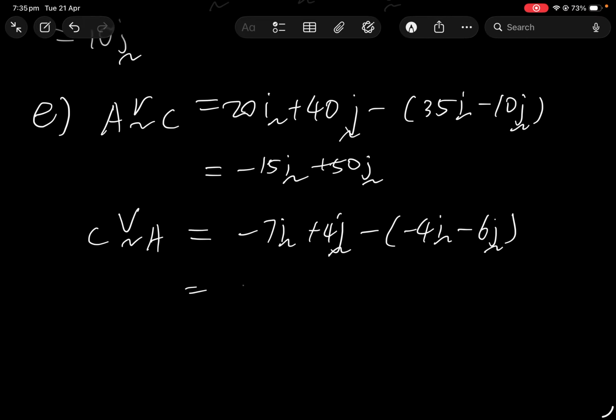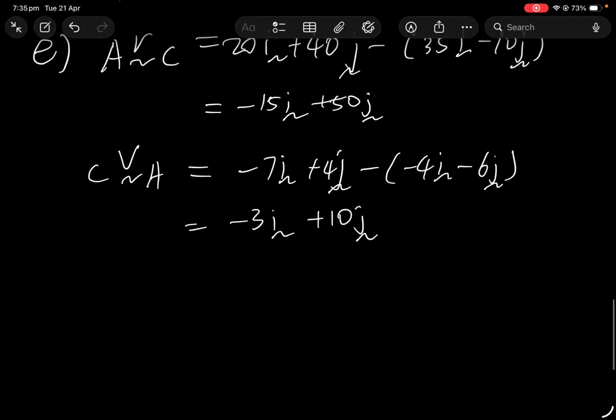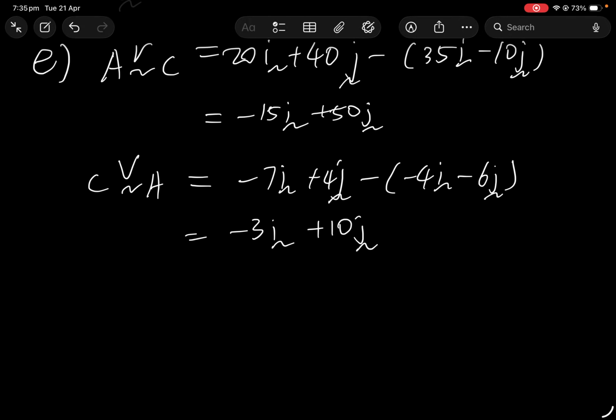This will give us negative 3i plus 10j. And that distance is t hours. So we actually didn't even need the first part, but we wrote it anyways. We can use this for the next question.